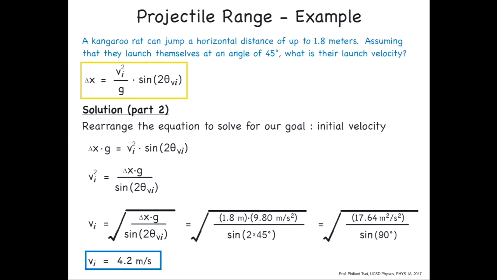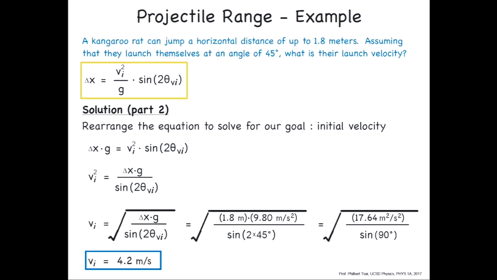So let's rearrange the equation that we have to solve for the thing that we want. We'll try and get initial velocity by itself. As we go further on in the sequence, we're going to start skipping steps a little bit because you're all probably okay with math, but let's not do that at first. I'm going to multiply both sides by g, which then gives me vi squared sine 2 theta.